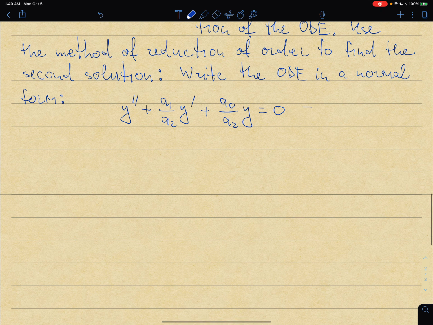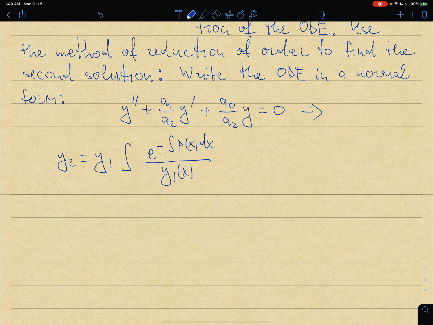So then y2 is equal to, let's remember the method of reduction of order formula: y1 times the integral of e to the minus integral of p of x dx divided by y1 of x quantity squared dx.